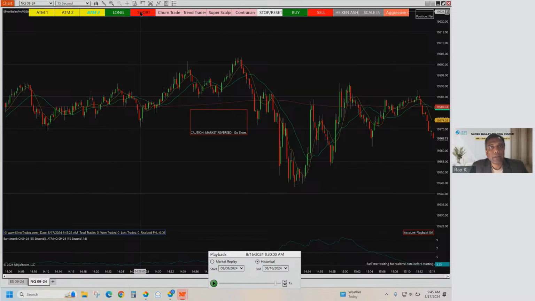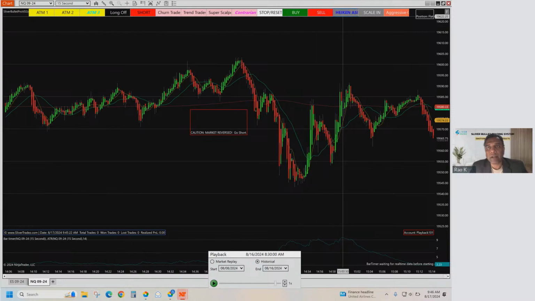These are long, short, automated trading buttons. And then pink ones are the strategy buttons. Different strategies we have. Then this is a stop reset. If something goes wrong, if you don't want to kill a trade even before it reaches its stop, you can stop it manually. And this buy sell are manual buy sell buttons.